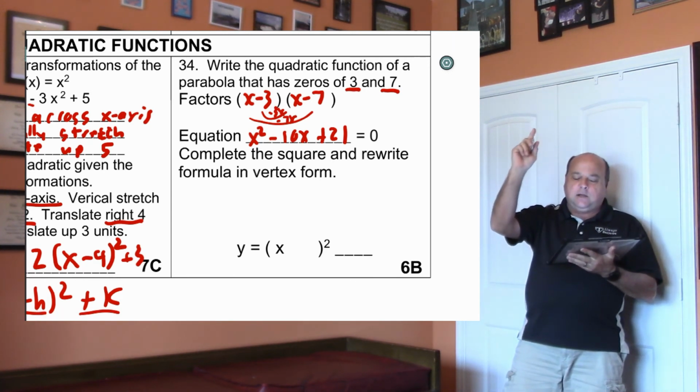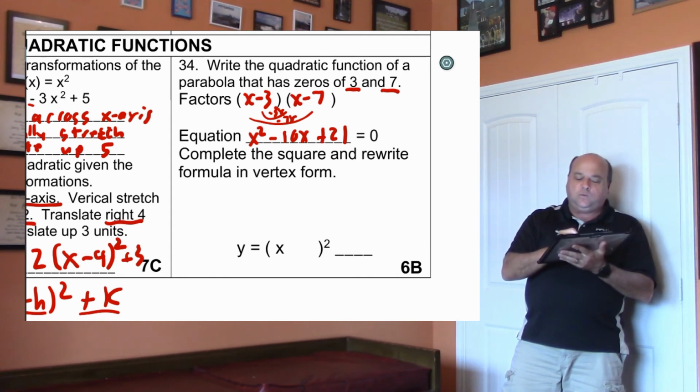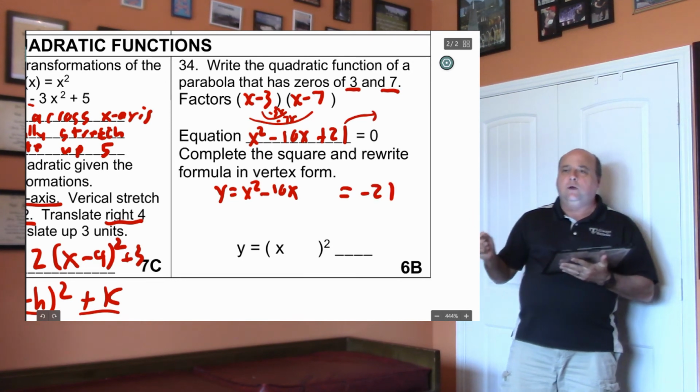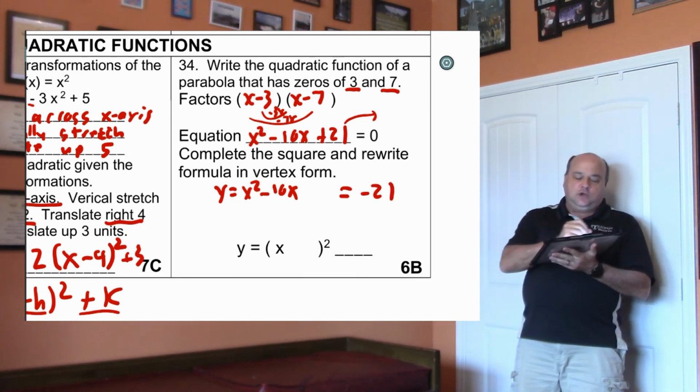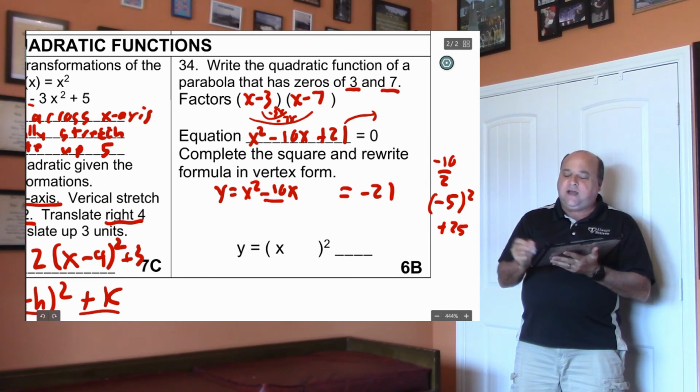And then lastly, complete the square, rewrite it in vertex form. Going to learn this week. Write down y equals x squared minus 10x and move the 21 over. Equals negative 21. Now then, to complete the square, you got to take your b term. Negative 10 divided by 2 is negative 5, and squared, you get plus 25, don't you?